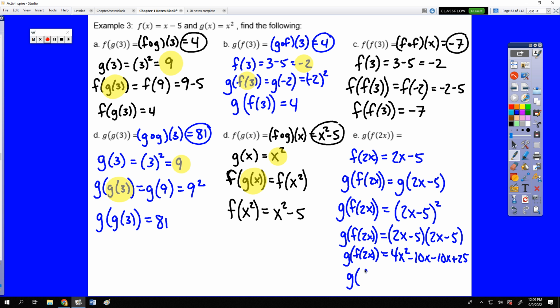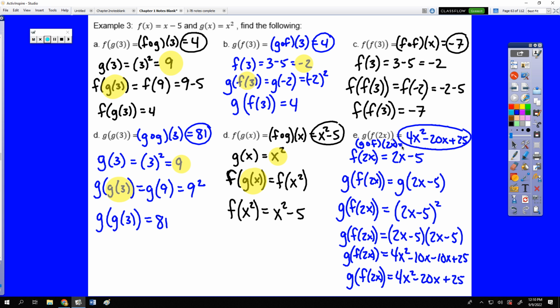So g of f of 2x would be 4x squared minus 20x plus 25. So 4x squared minus 20x plus 25. And again, remember, that could have been written g of f of 2x. That means exactly the same thing.